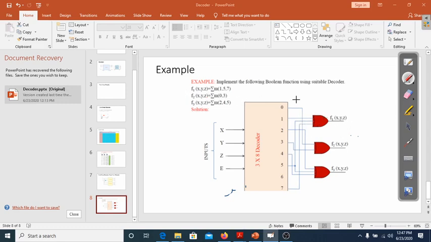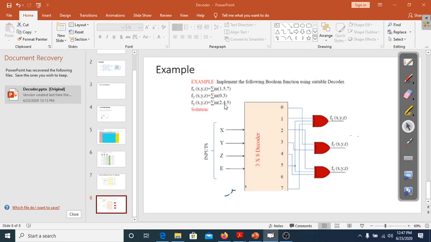Now, how to implement the next function f2? This is 0 and 3, 0 or 3. So I will connect output 0 with this OR gate, and again I will connect 3 with this OR gate.